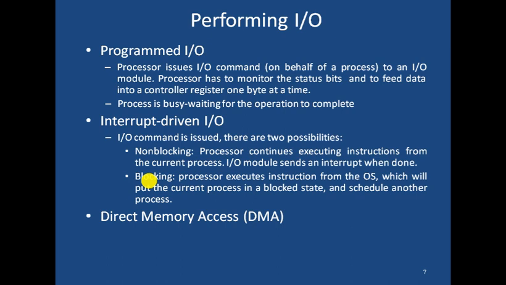In non-blocking, the processor continuously executes the same task. But in blocking mode, there is an interleaving concept. The processor executes the instructions. After some time, the current process is put in a waiting queue. That is, it is blocked, and the processor gives time to another process. That is interrupt driven I/O.